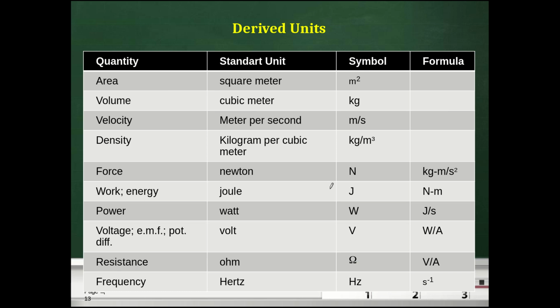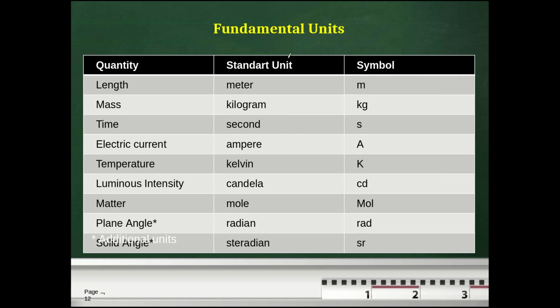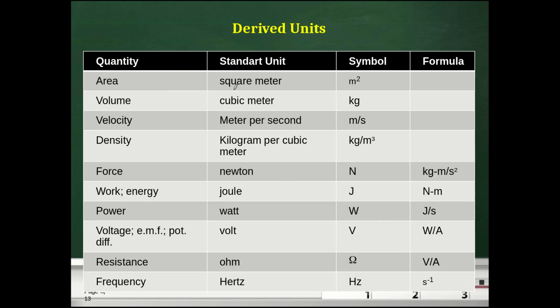The derived units are units that you build up from the fundamental ones. For example, the area of a square is the two dimensions multiplied by each other, so it's meter squared, square meter. A volume is cubic meter. A velocity is meter per second.